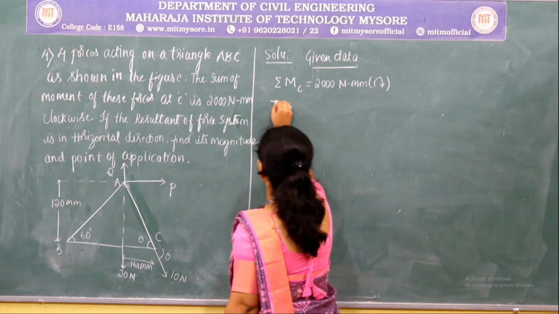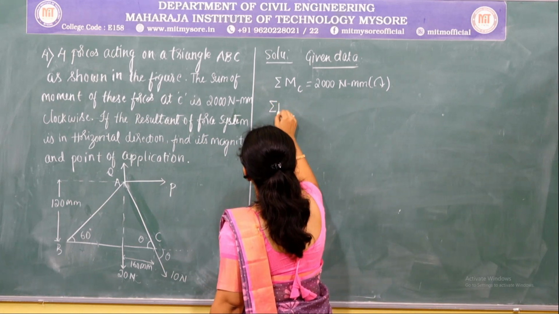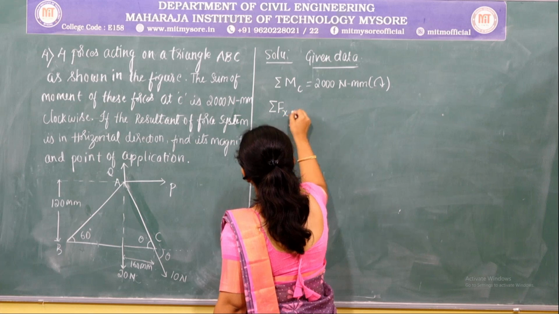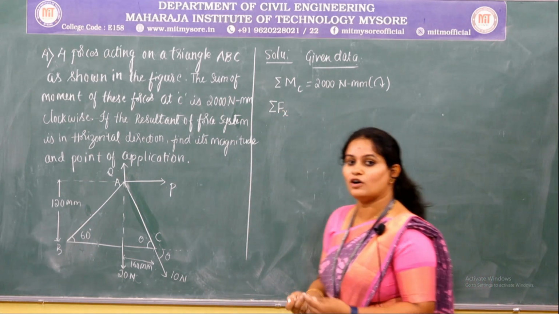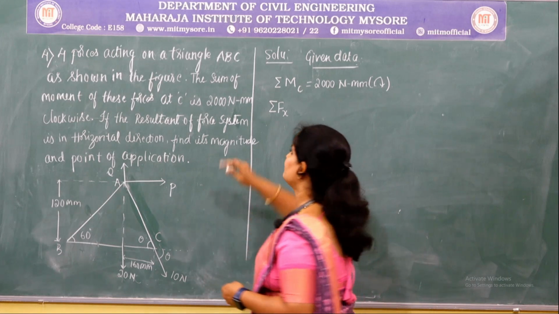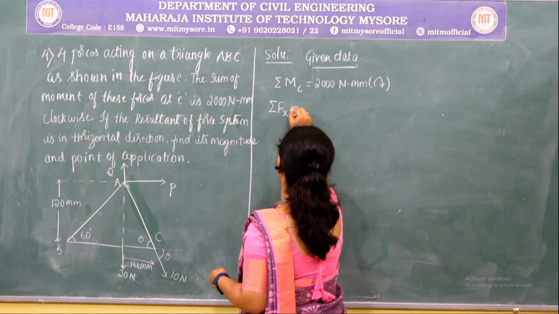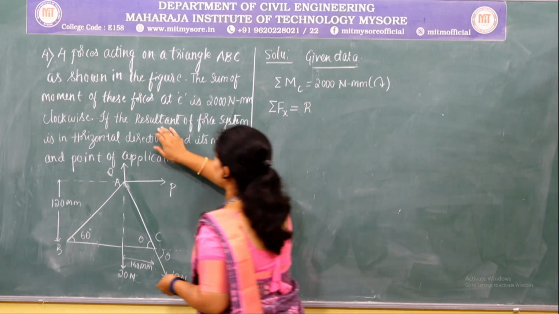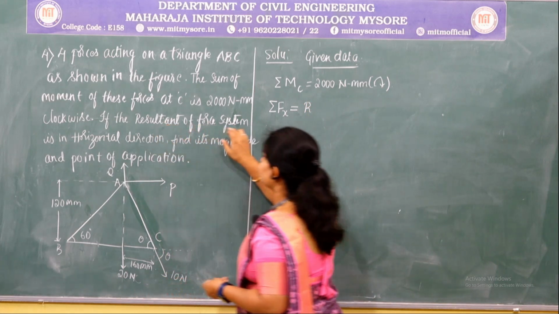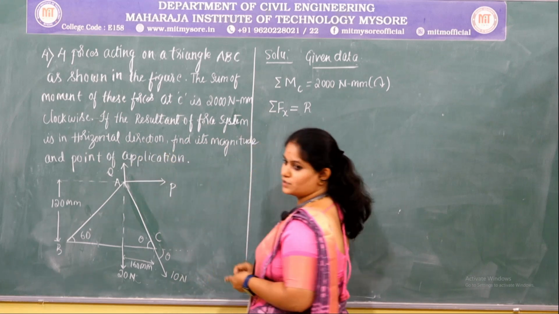So what do you mean by this? The algebraic sum of all the horizontal components of this system will be equal to the resultant, because they have given that the resultant of the force system is in horizontal direction.